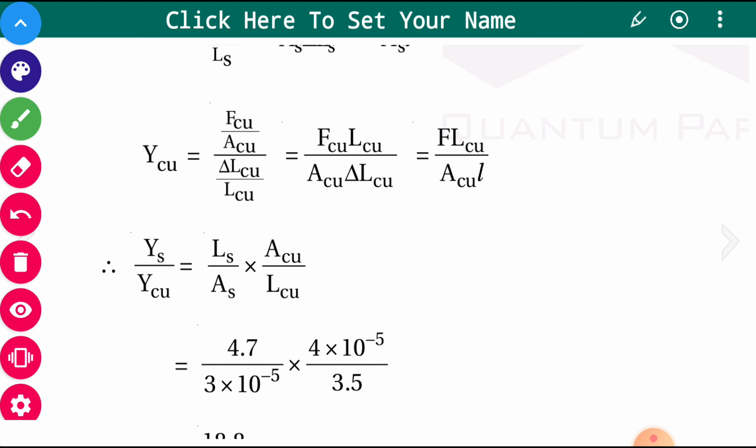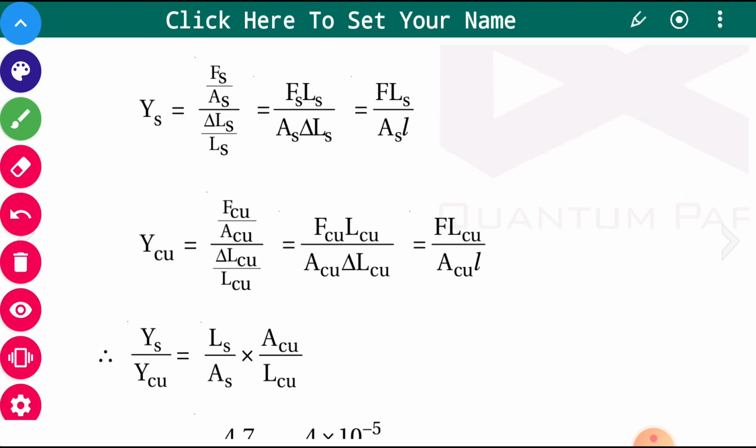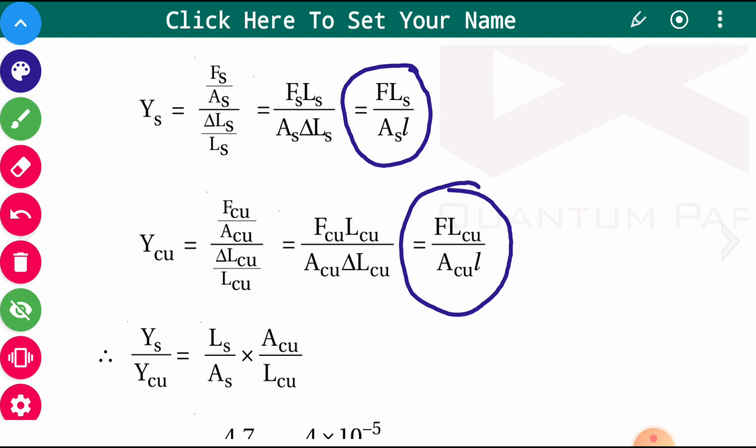Now taking the ratio of both these, the force will cancel out, and the change in length, small l, will also cancel out.